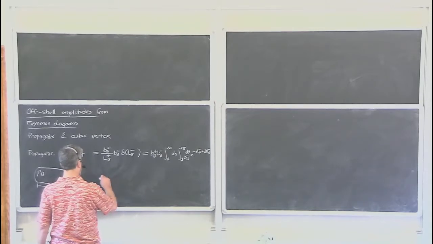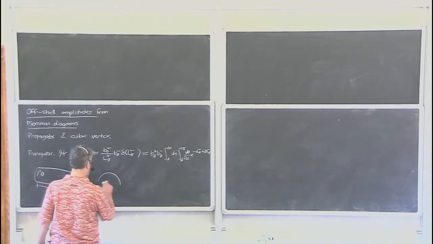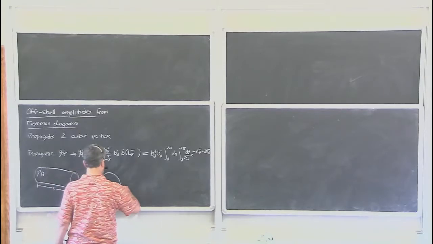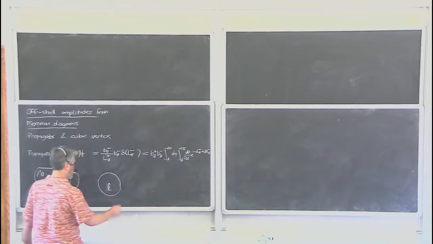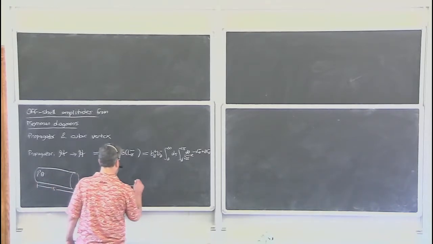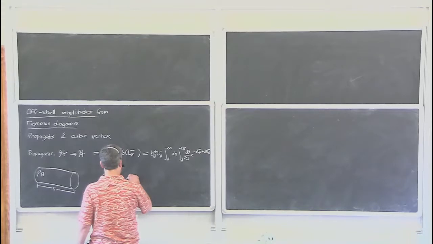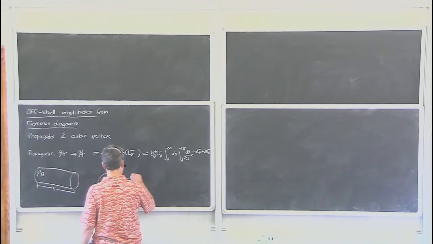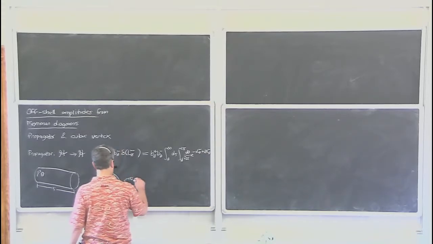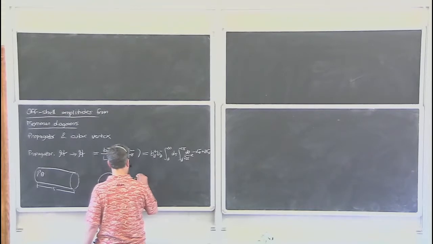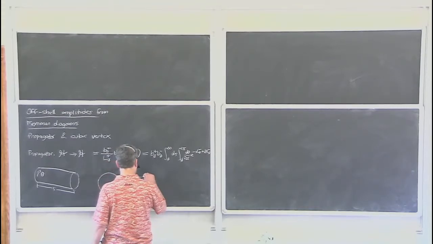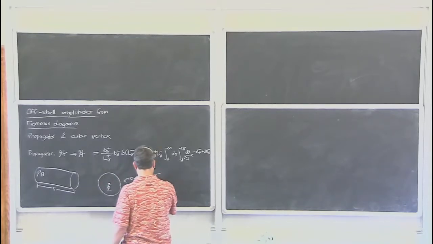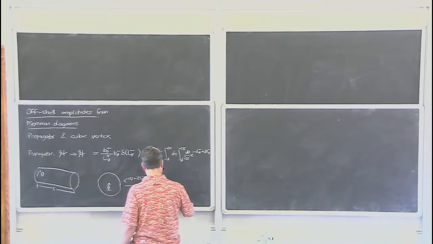So if you start with a state represented by some vertex operator on the unit disk, and you apply e to the minus s L0 plus i theta L0 minus, this will still give you the unit disk.